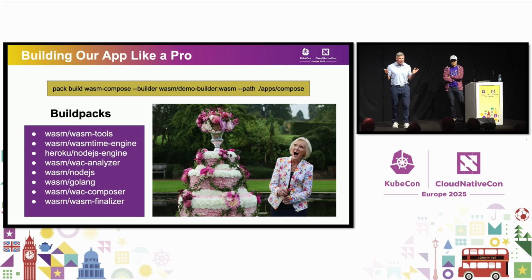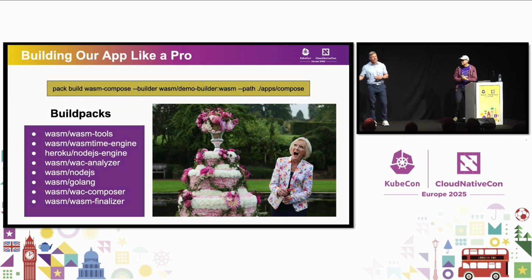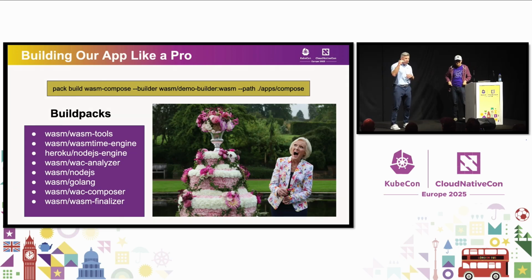Mary is super excited about that one-liner right there, because we took all of that knowledge that Terence just dropped on us, and we applied it to WebAssembly. We went through and we built out those buildpacks there. Wasm Tools installs all those gnarly tools that you saw in that recipe.